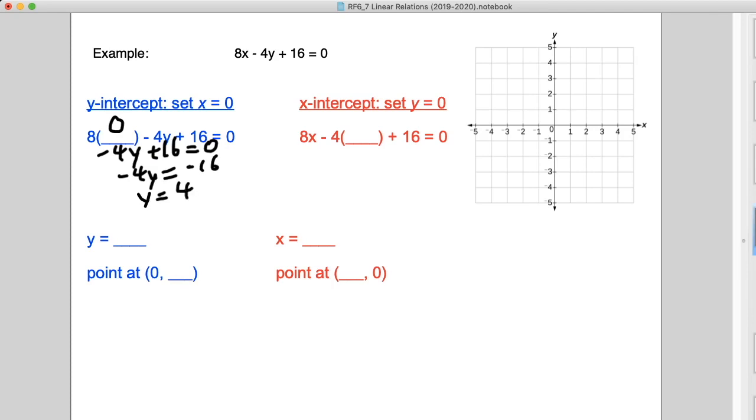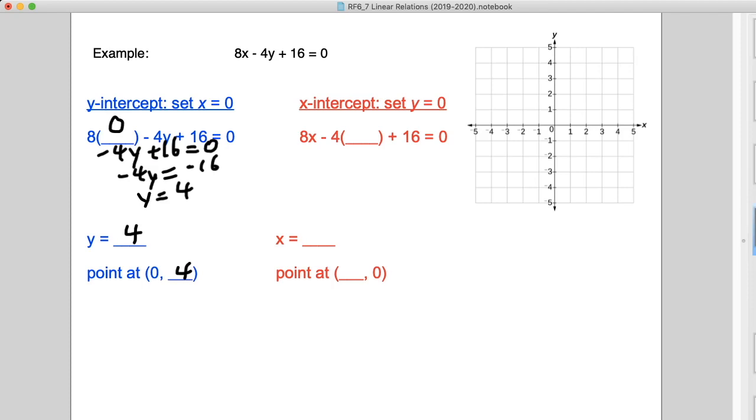So that means that y is equal to 4 when x is equal to 0. So I end up with a point at 0, 4. That's my first point.